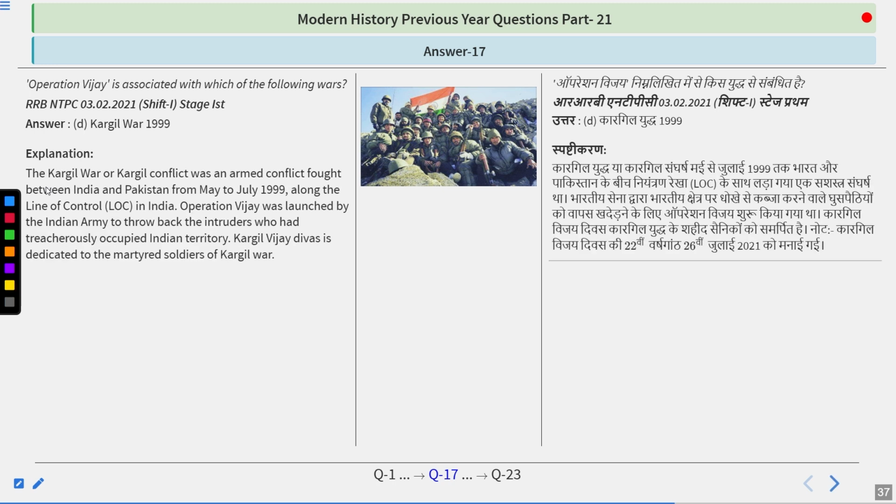So Kargil War or Kargil conflict was an armed conflict fought between India and Pakistan from May to July 1999 along the line of control in India. Operation Vijay was launched by the Indian Army to throw back the intruders who had treacherously occupied Indian territory. Kargil Vijay Divas is dedicated to the martyr soldiers of Kargil.